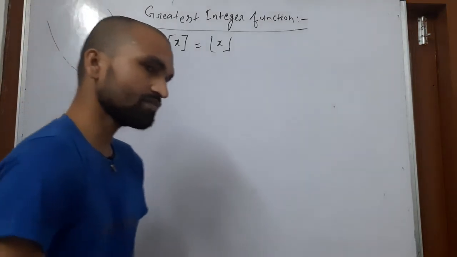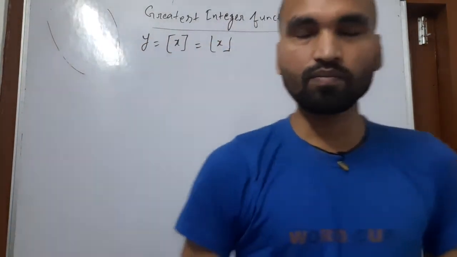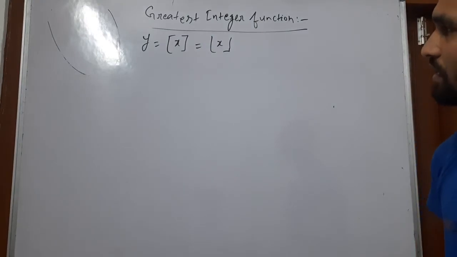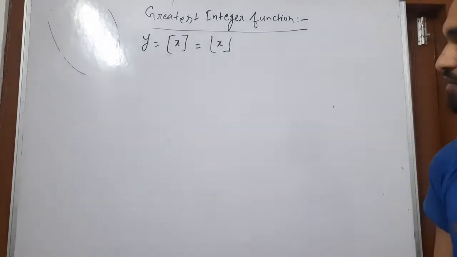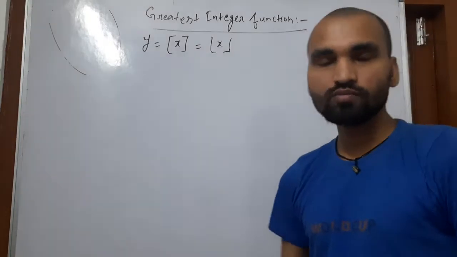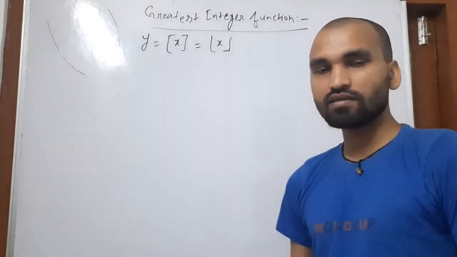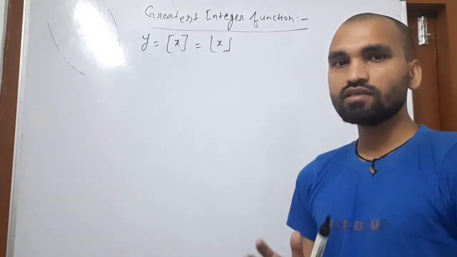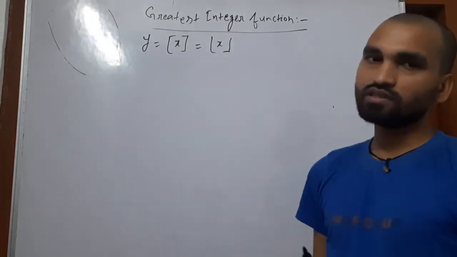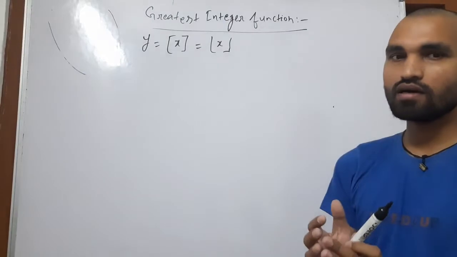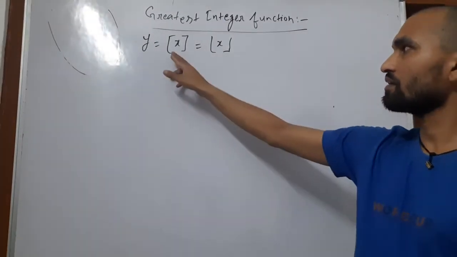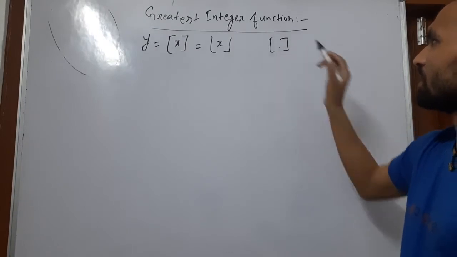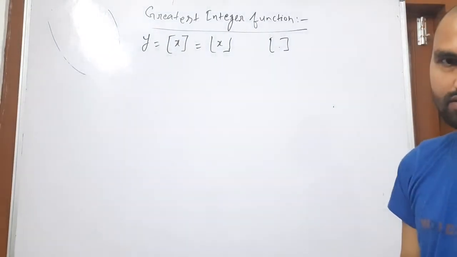Particularly in a problem related to the greatest integer, someone can be confused whether it is a closed bracket or a greatest integer. But in the problem you will see that after the question there is a hint that this represents the greatest integer function.